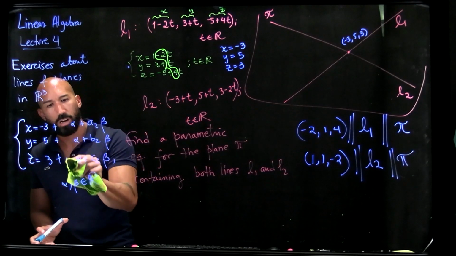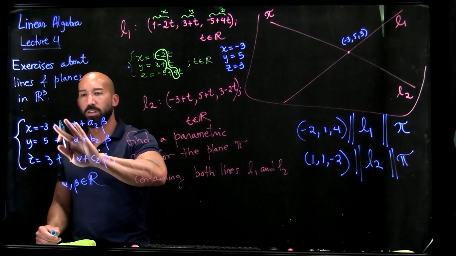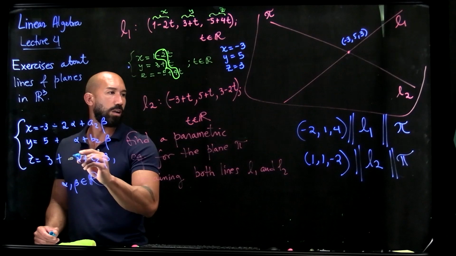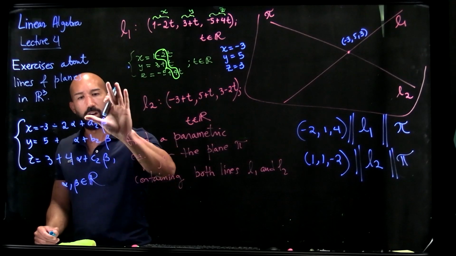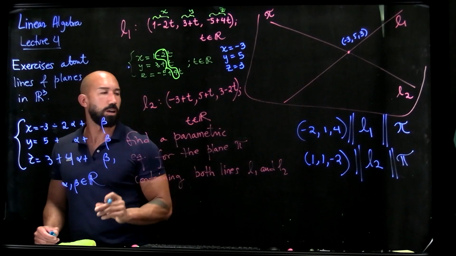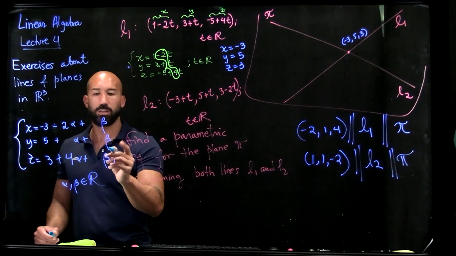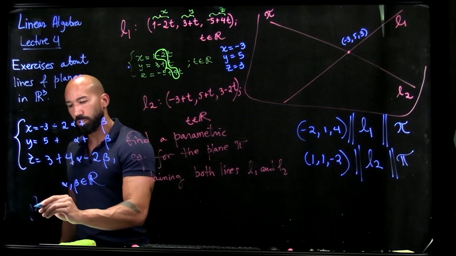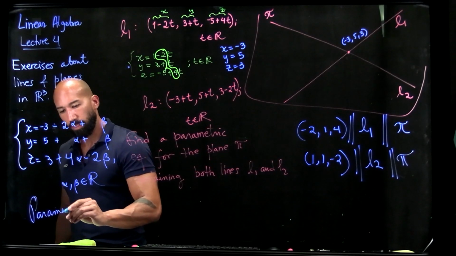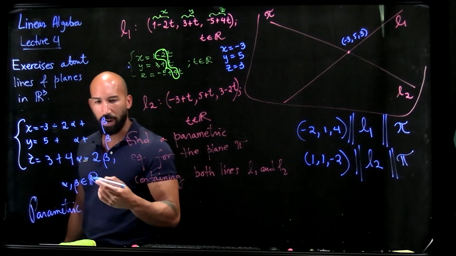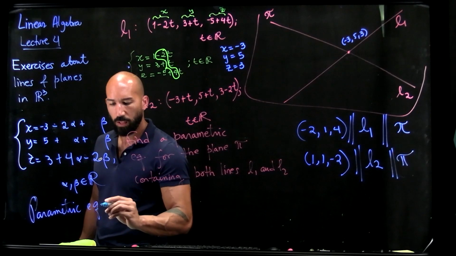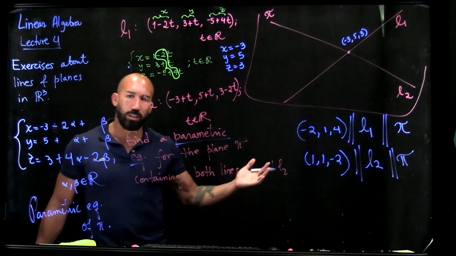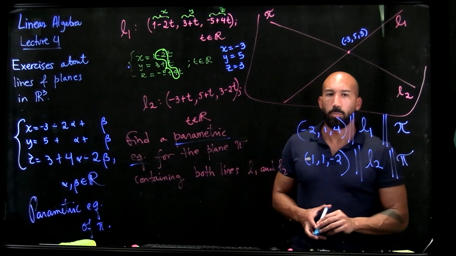So I come here and I put (-2, 1, 4), and I come here and I put (1, 1, -2), and I have a parametric equation of pi, that is what we were looking for, and this problem is completely solved.